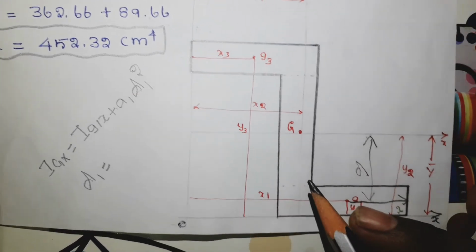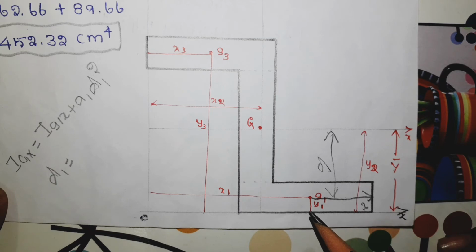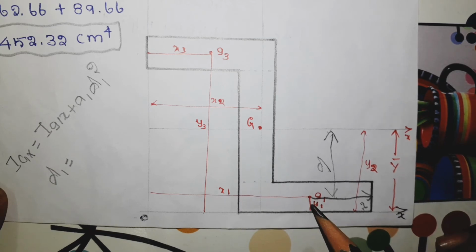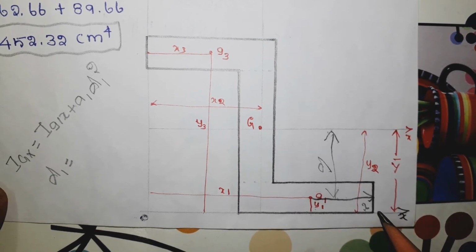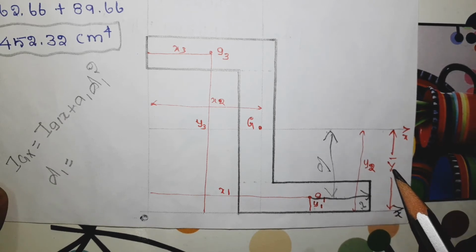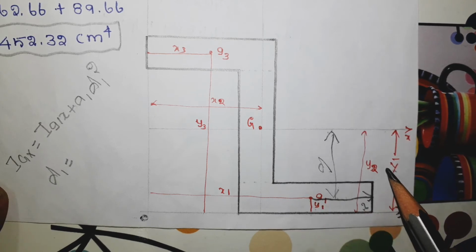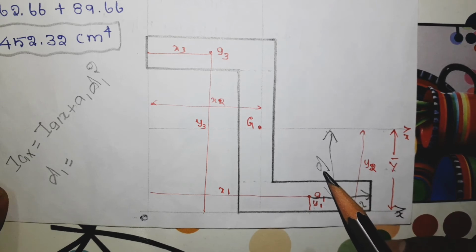Okay, now let us go to the diagram again. You see here y1 equals the distance between these two, and the distance between this x axis and the centroidal axis is y bar. So if I subtract y1 from y bar, then I can get the answer for this one.